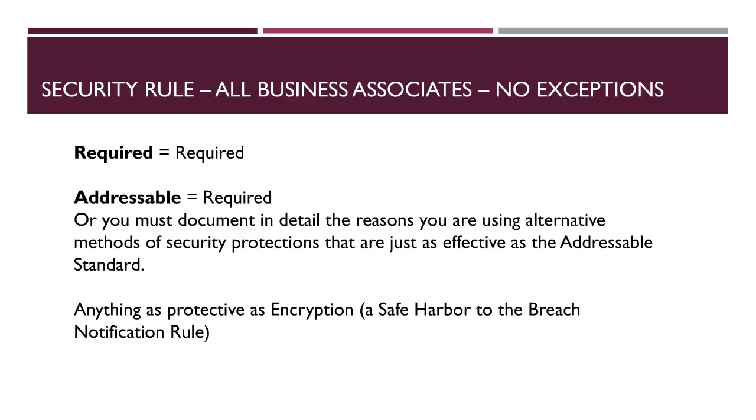The HIPAA security rule has required and addressable standards. Required means it's required. Addressable means it's required, or you must, in great detail, document your reasons for using an alternative method of security and making sure that that security is just as good as the addressable standard.